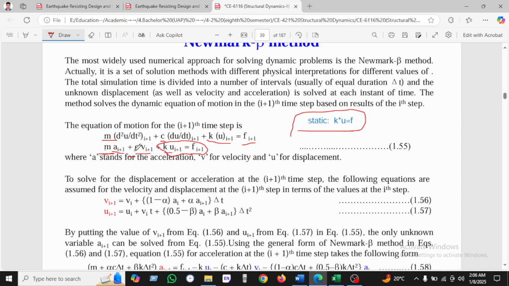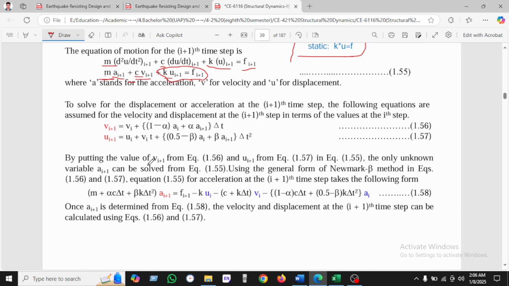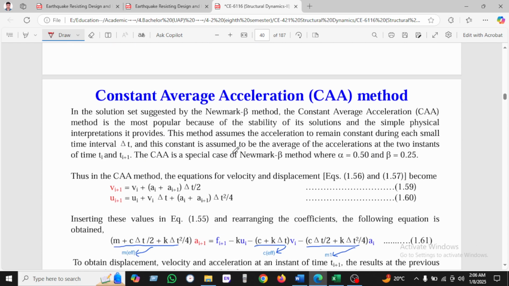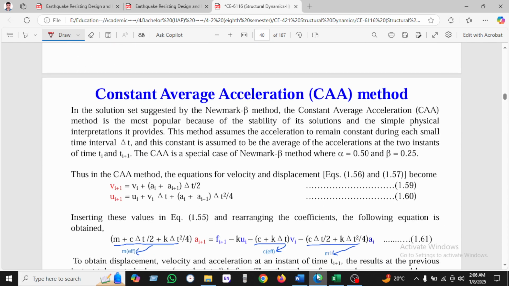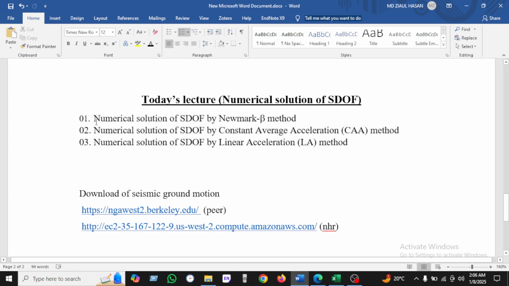C is the damping and V is the velocity. Velocity is derived from this equation, and we can see displacement derived from this equation. So this is the numerical solution of a single degree of freedom by the Newmark-Beta method.